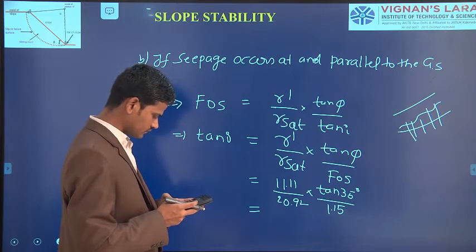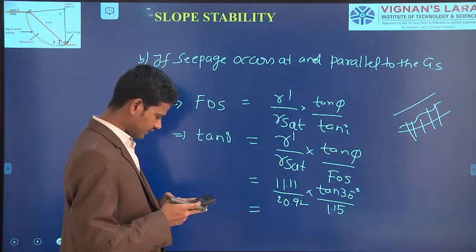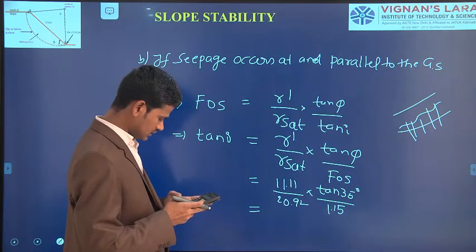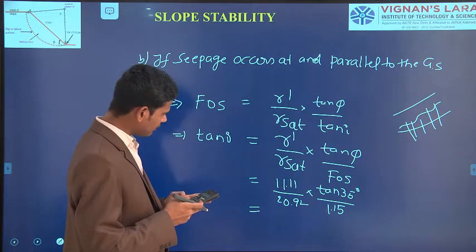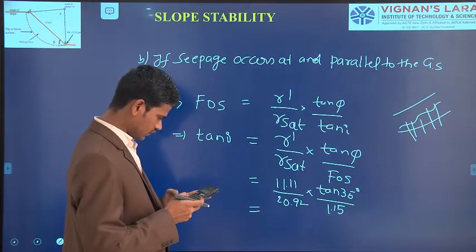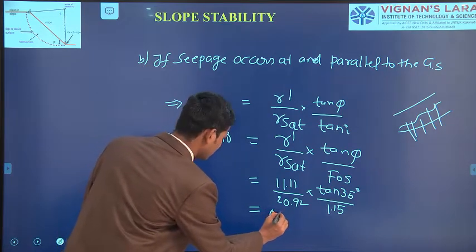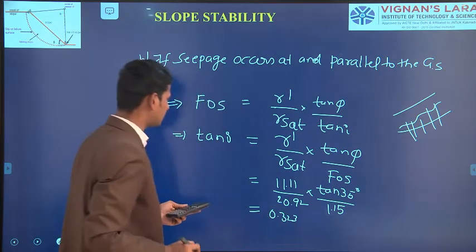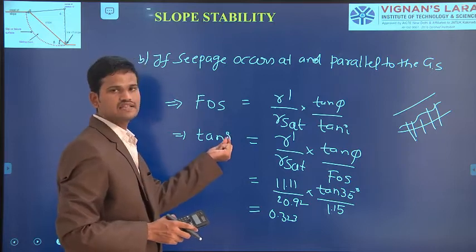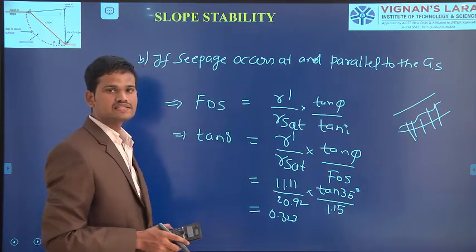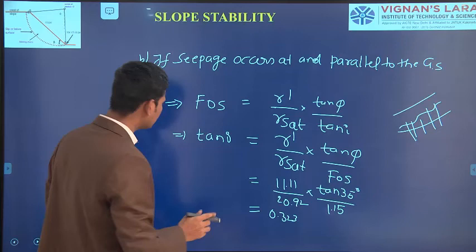11.11 divided by 20.92 into tan 35 degrees divided by 1.15. I am getting this value as 0.323. But I want to calculate the safe angle of inclination when the seepage occurs at and parallel to the ground surface.